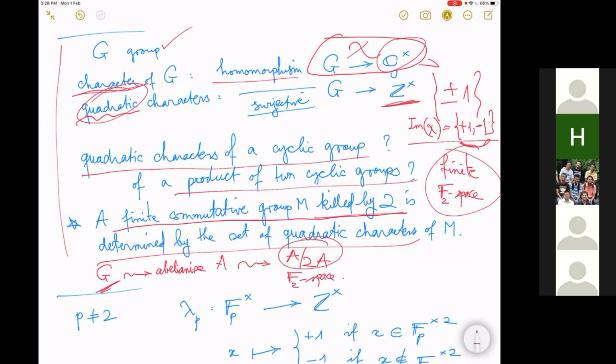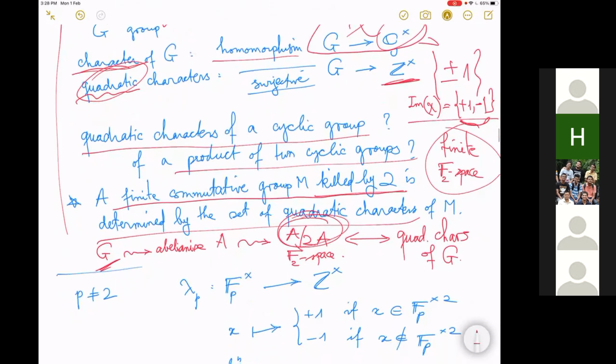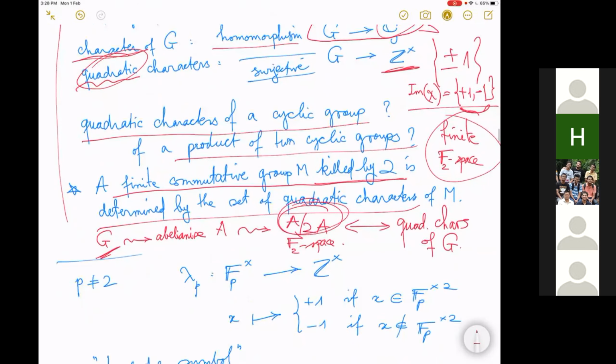But knowing this quotient is equivalent to knowing the quadratic characters of G, because every quadratic character will factor through this. And if this is finite, then there's this thing called the duality for finite commutative groups, which determines this in terms of the quadratic characters. So basically, understanding a finite group killed by 2 is the same as understanding its characters.